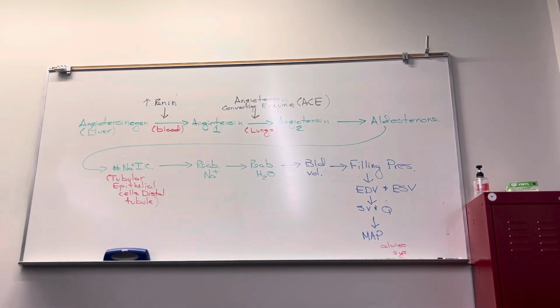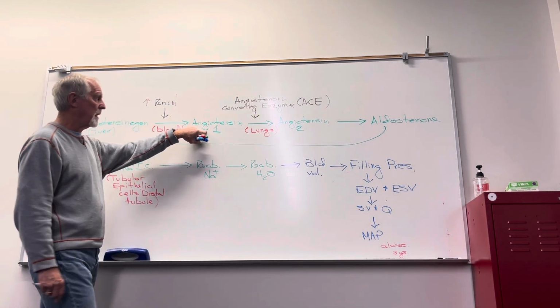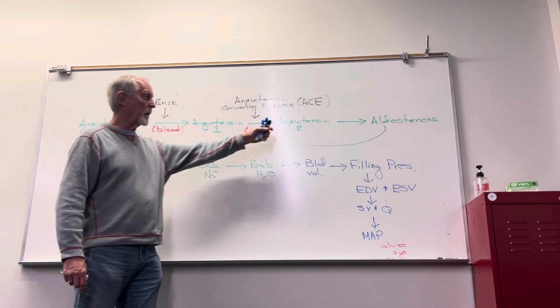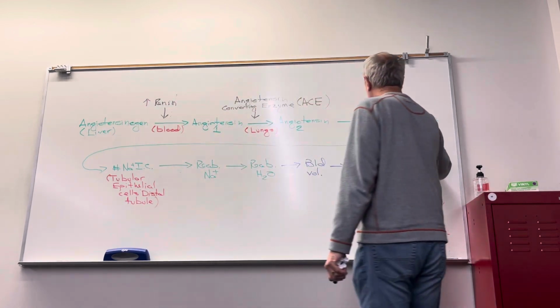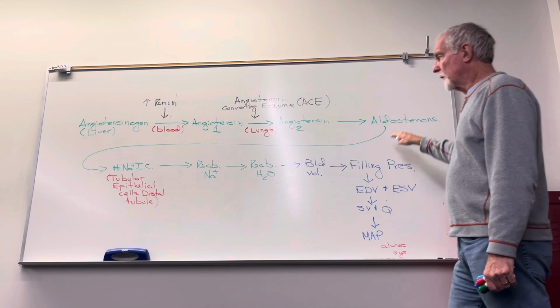So the scenario is there's a decrease in the pressure in the afferent arteriole. The granular cells see that, they increase renin. That means that we're going to convert more of the angiotensinogen into angiotensin 1. And through the action of the angiotensin converting enzyme, we're going to have more angiotensin 2, which then is going to cause an increase in the release of aldosterone.